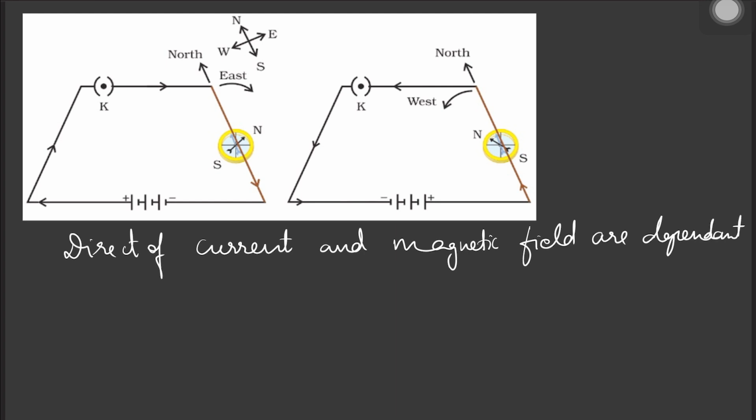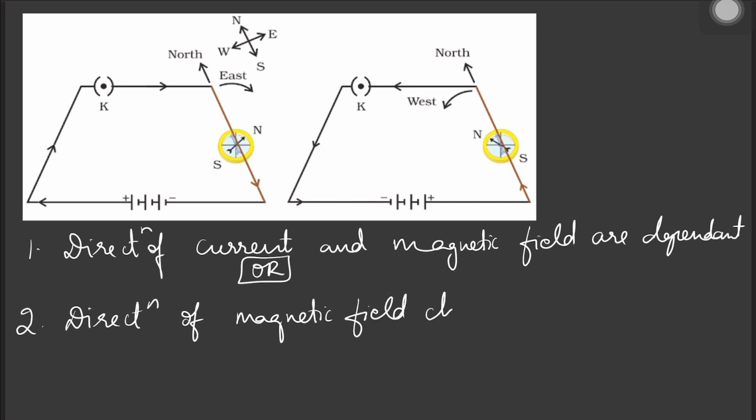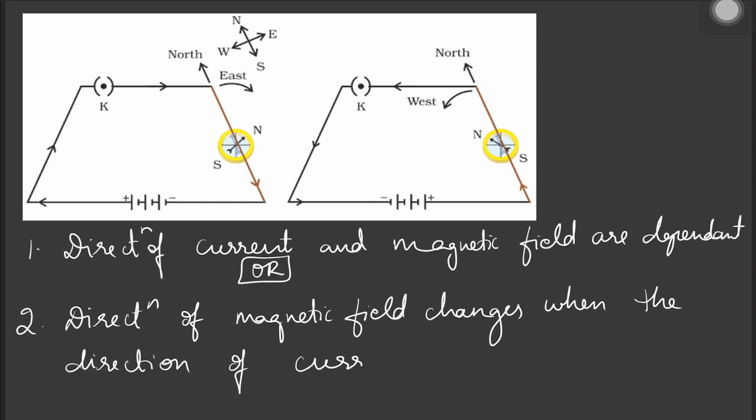They can ask in this way, or else they can also ask us, describe an experiment to show that direction of magnetic field changes when the direction of current changes. So these are the few types of questions which we can expect to describe this experiment.